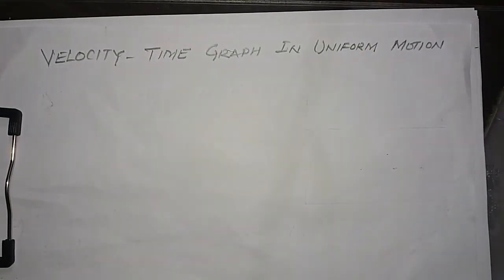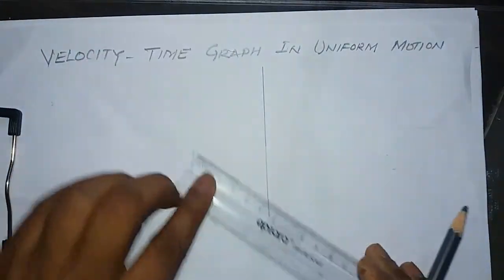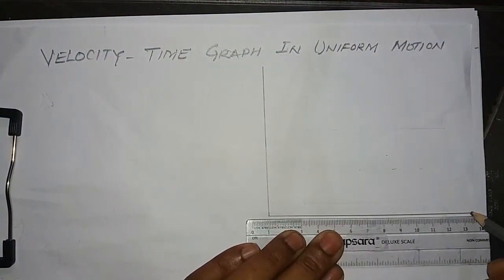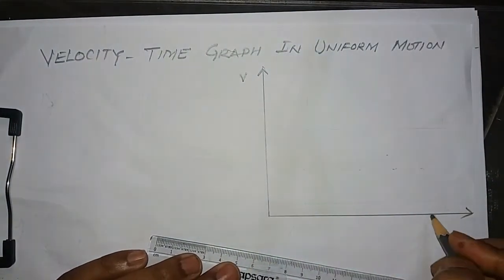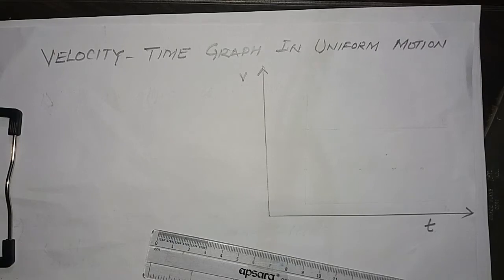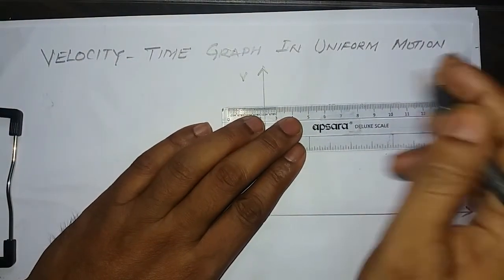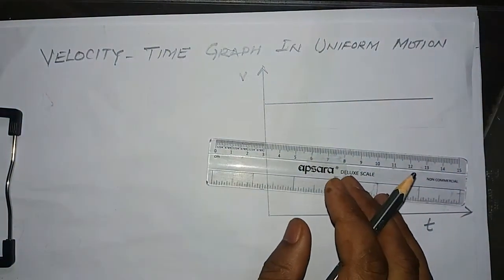Velocity time graph in uniform motion. Now, this is the velocity, this is the time. The velocity time graph in uniform motion will be a straight line parallel to the time axis.